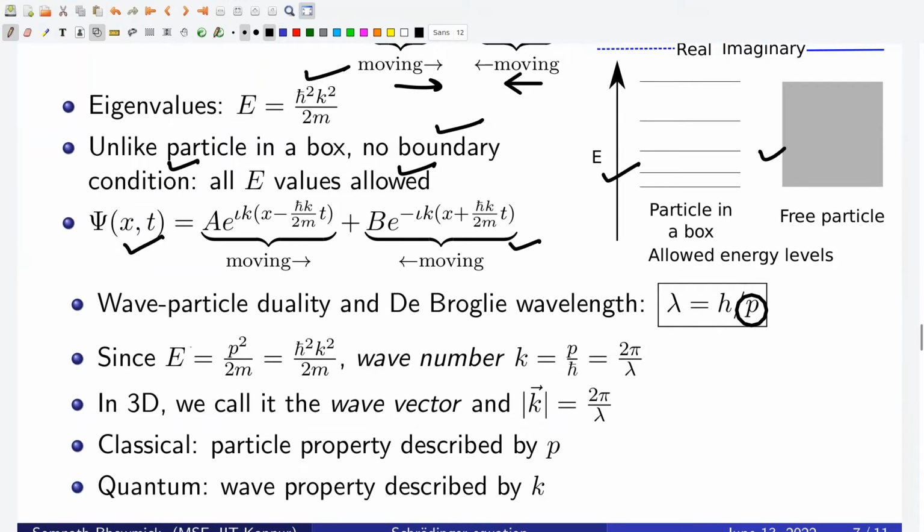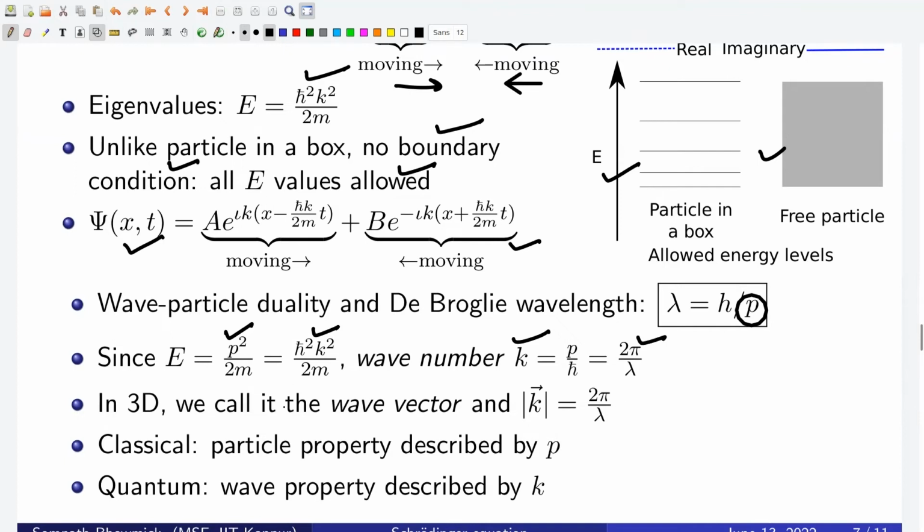Now, classically, the energy is given by E equal to p square by 2m. And we have seen the energy eigenvalues to be h cross square k square by 2m. So if we equate them, we can define something called a wave number k, which is given by 2 pi by lambda.